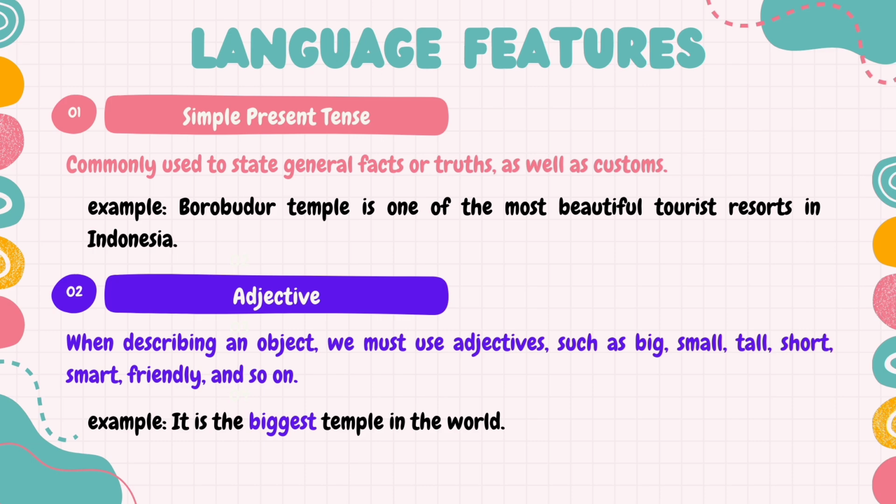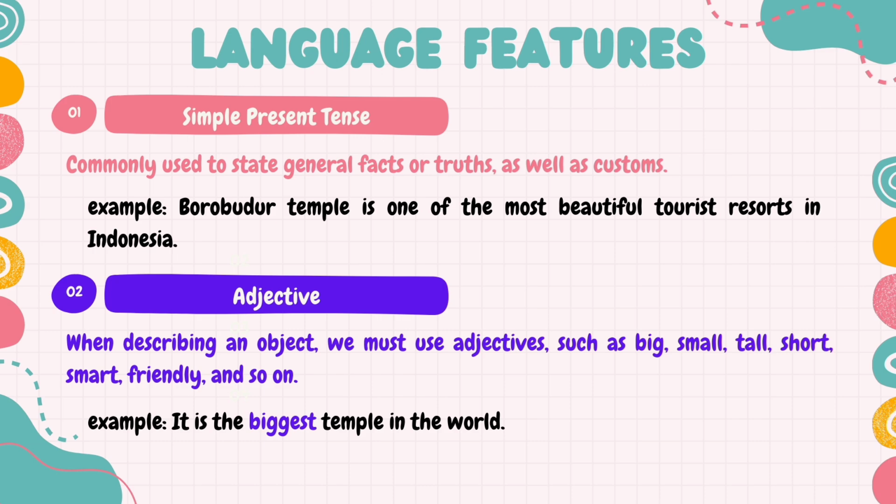Now we're going to the last one, the language features. Okay, so there are actually 3 language features of descriptive text. The first one is simple present tense, used to state general facts or truths as well as customs. For example, from the text: Borobudur Temple is one of the most beautiful tourist resorts in Indonesia. As for the next one, it is the adjective.